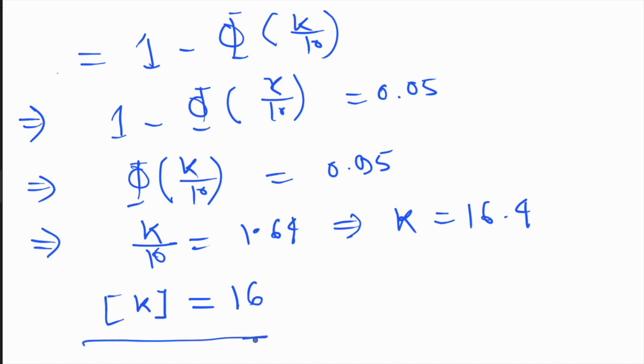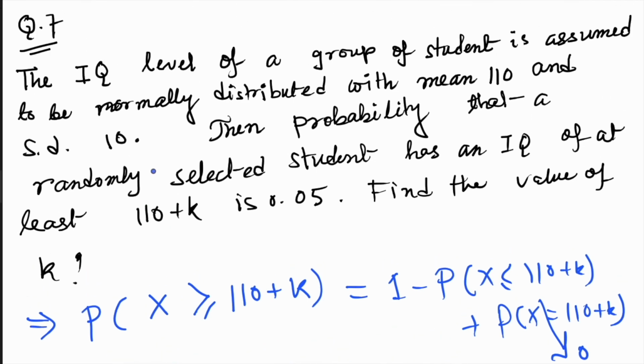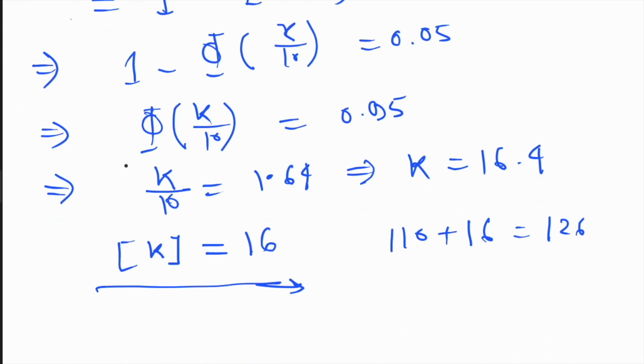So you will get the IQ above 110 plus 16, that means 126. So only 5% of individuals will have an IQ level above 126. That's the answer. Now let's move toward the next question, that is question number 8.